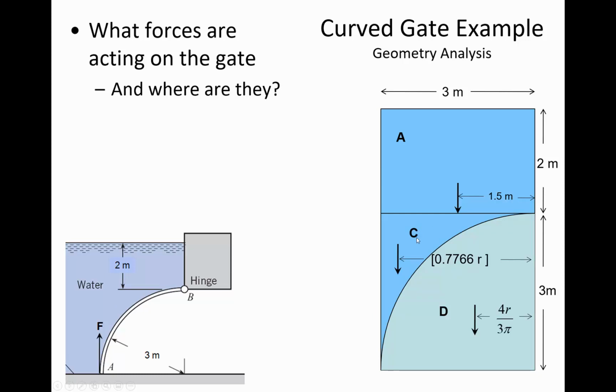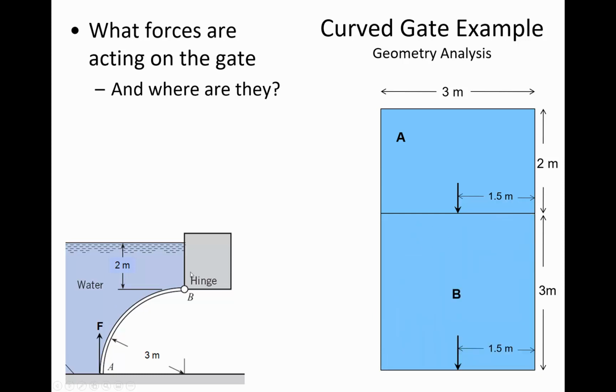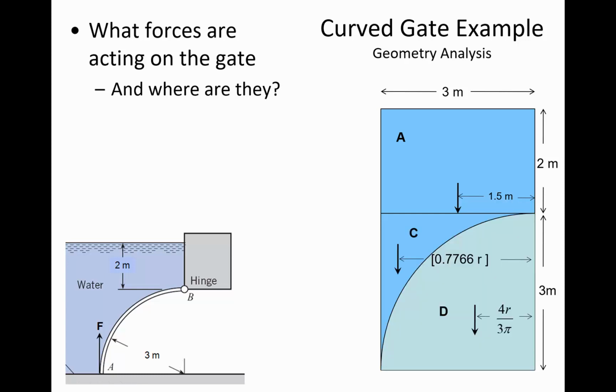Does everybody see how I'm labeling B? It's as if there was water all the way over from B and then down, if you haven't yet subtracted out under the gate where there isn't any water. Now when we split it, segment D is just where there's air, and segment C is the weight of the water that's above the gate.